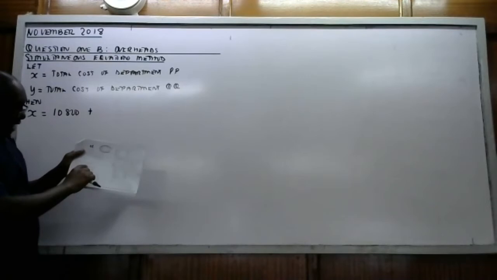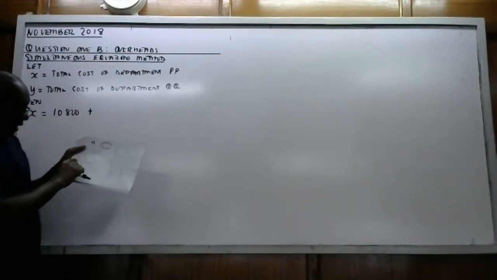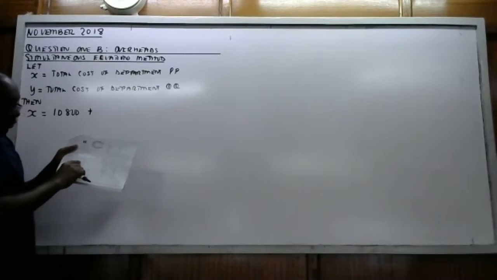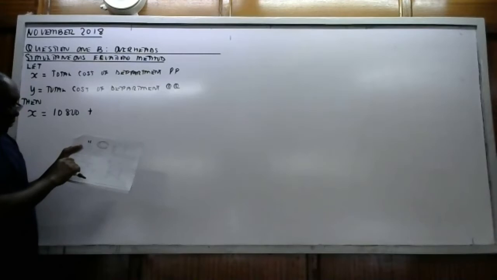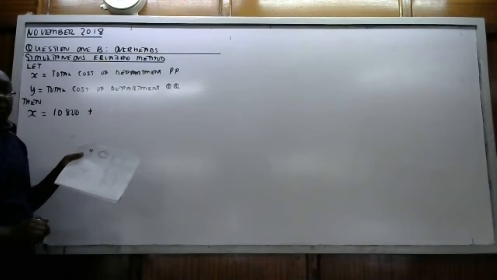If you follow this spreadsheet that is here, you find that PP is going to receive 20 from QQ. If you follow this row of QQ, QQ will give 40 to MM, 40 to NN, and 20 to PP.